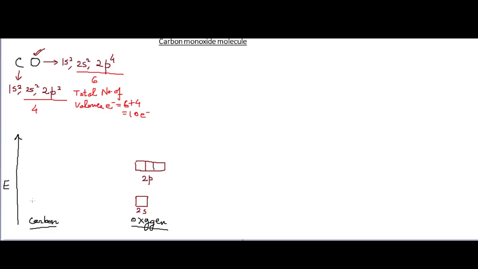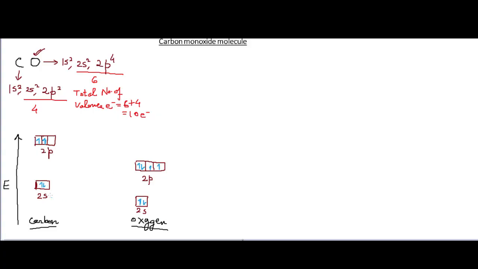Then again 2s. Now carbon will be at a higher level. This is where the difference comes while drawing the molecular orbital picture of the heteronuclear molecules, and the 2p of carbon will be high above the 2p of oxygen, like this.